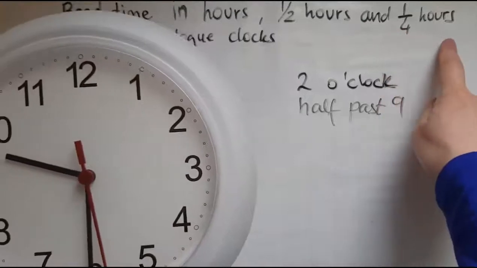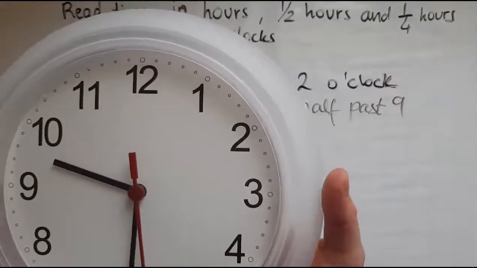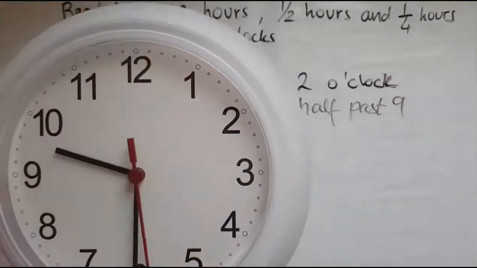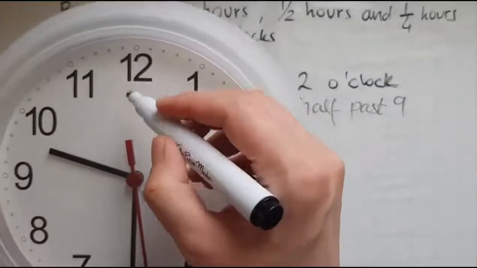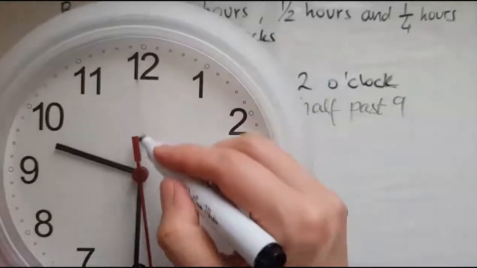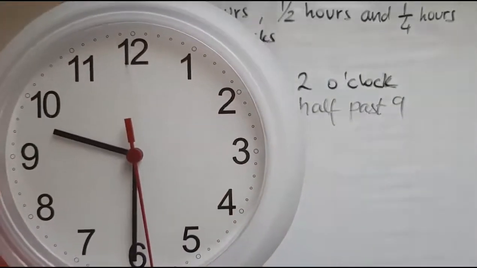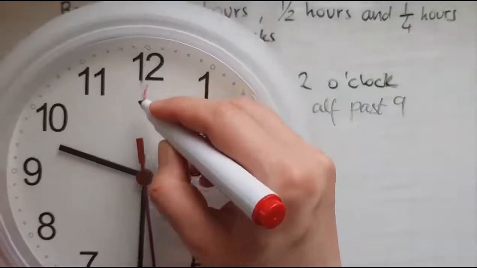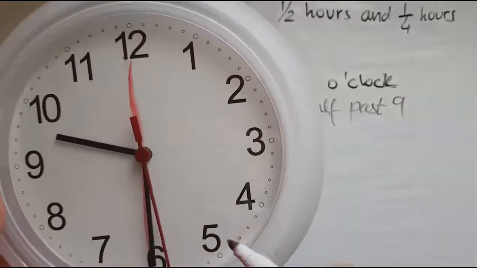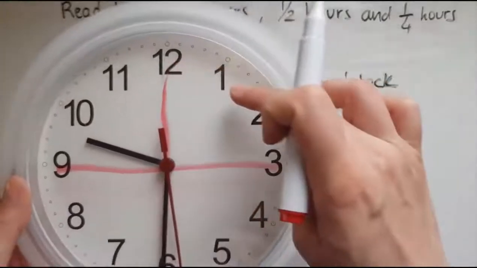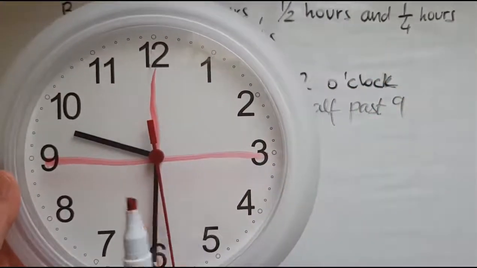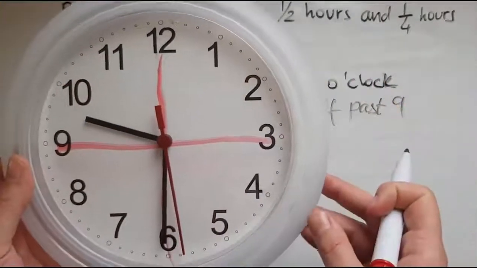But what is quarter an hour? Quarter, as we've looked before when we looked at fractions, half looked like this. And quarter looked like this. So this is a quarter, this is a quarter, this is a quarter, and that is a quarter.